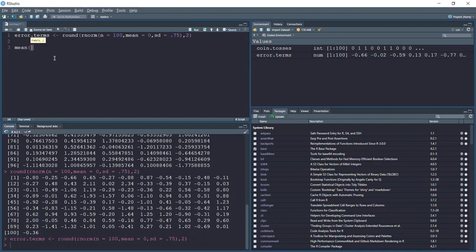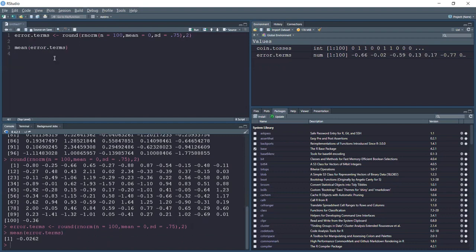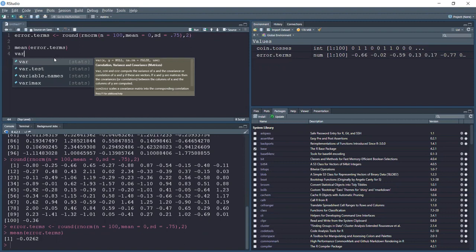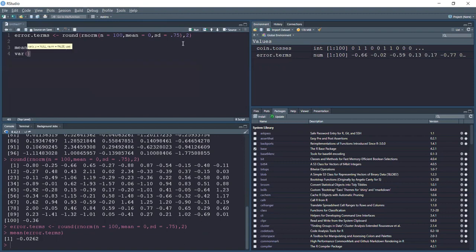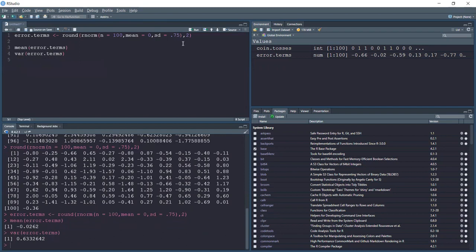Closer does have a meaning because mathematics is all about comparing two numbers. And I can calculate the mean of the error terms. And look, that's close enough, right? It's negative 0.02. You can calculate the variance, and what I'm expecting is going to be 0.75 squared, if I remember my basic statistics. The variance of the error terms.